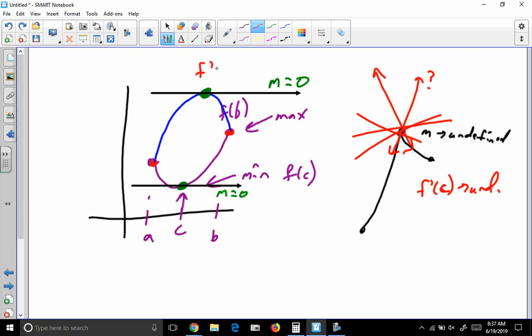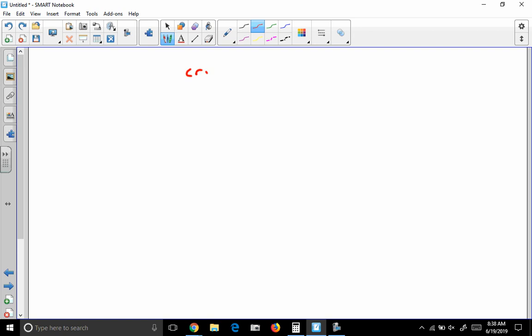On these other ones, the first derivative is 0. So these are what are known as critical points or critical values, where our first derivative equals 0, or where our first derivative is undefined.